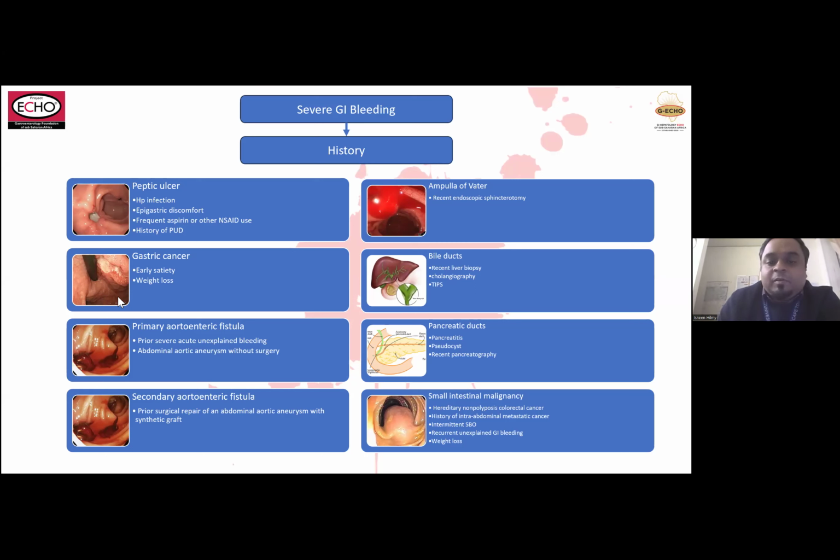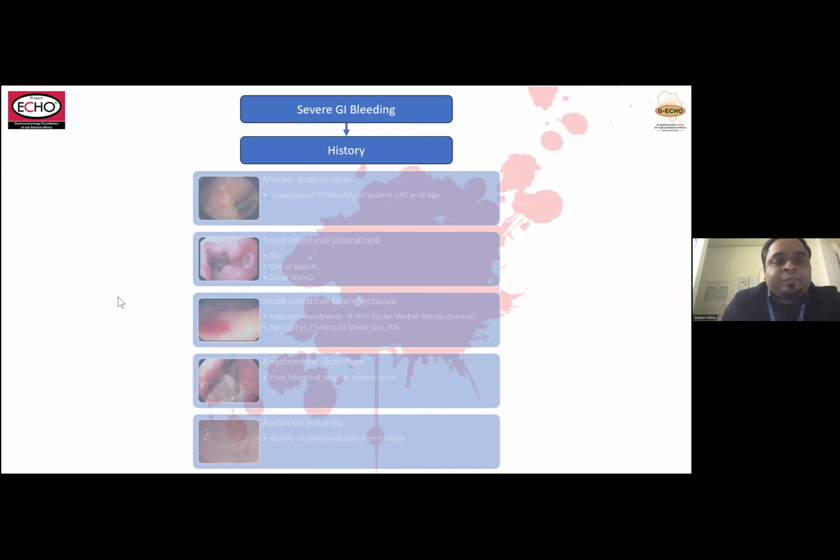And small bowel malignancy is also something we should be wary of, especially Lynch syndrome. And then any intra-abdominal metastatic cancers or history of intermittent small bowel obstruction, and recurrent unexplained GI bleeds or weight loss should be asked in history.